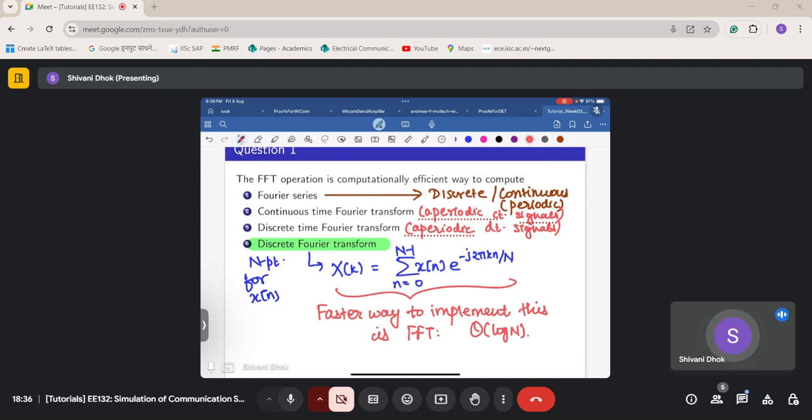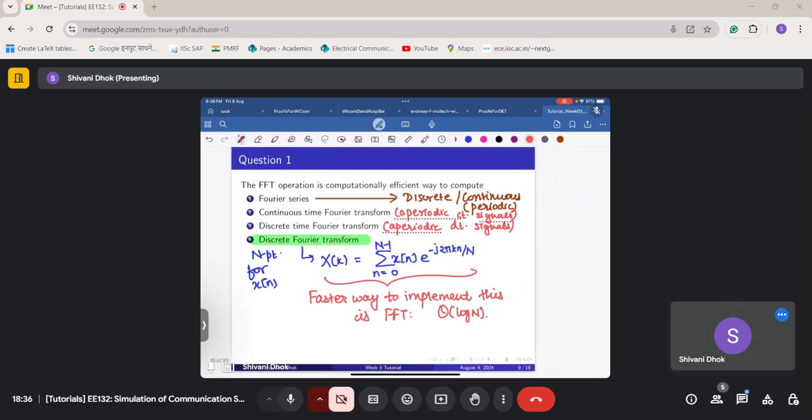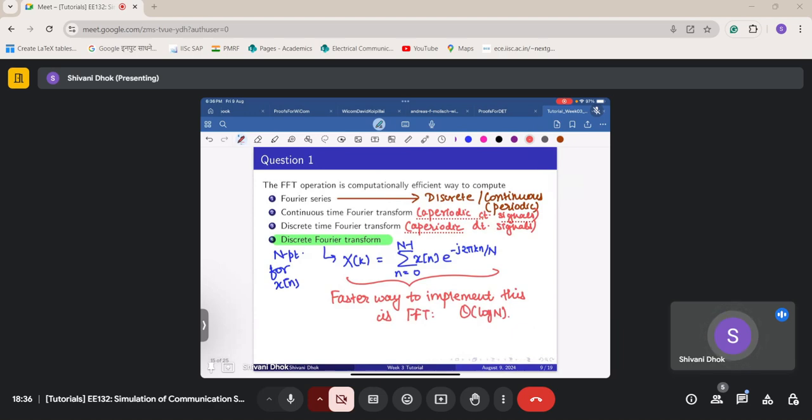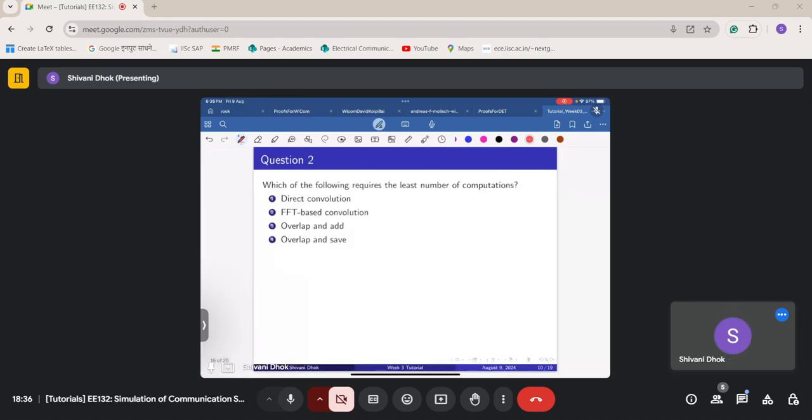So the faster way to implement the discrete Fourier transform is FFT. If you have any questions, then you can unmute yourself and ask, else I'll move on to the next question.